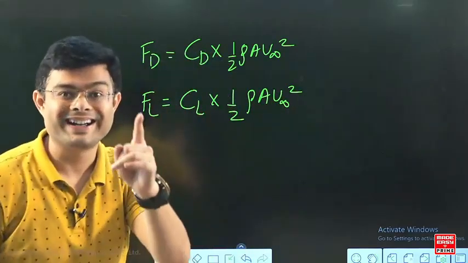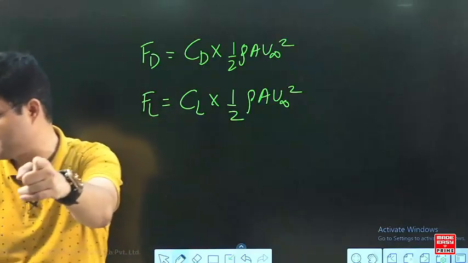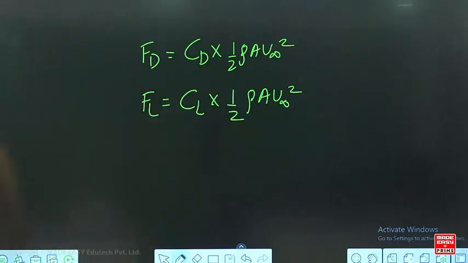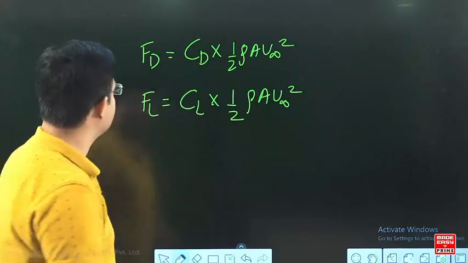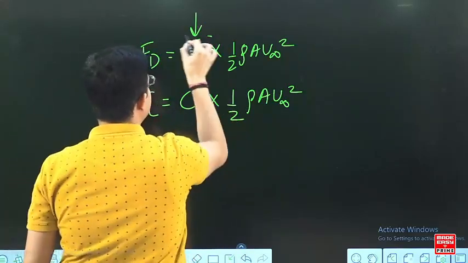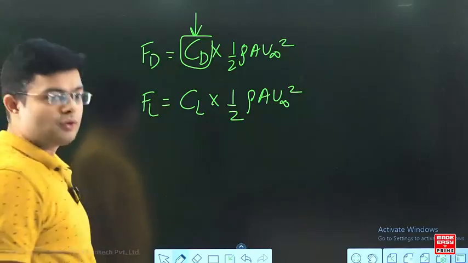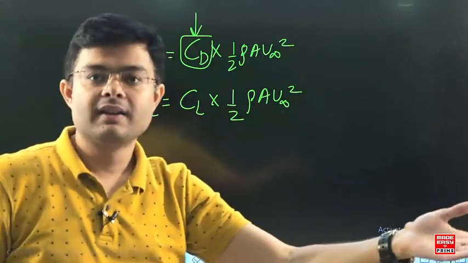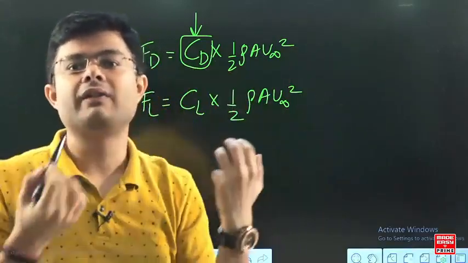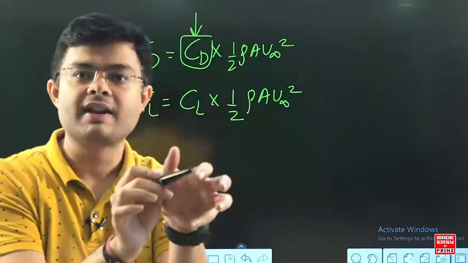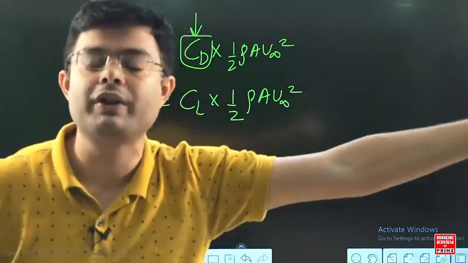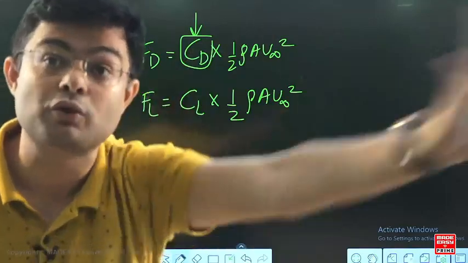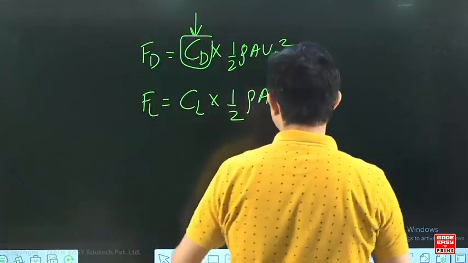Now your teacher has beautifully explained in the boundary layer the utilization of this CD. This is from experiments. Scientists find out the value of CD for a particular case and that is given to you in the question paper. Just you need to multiply by half rho A u infinity square to get the total drag over the body.